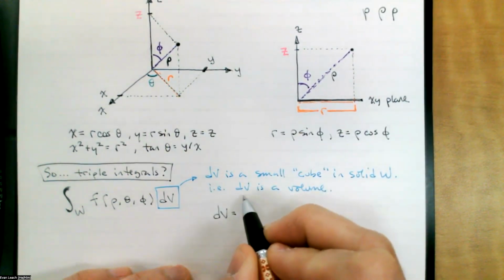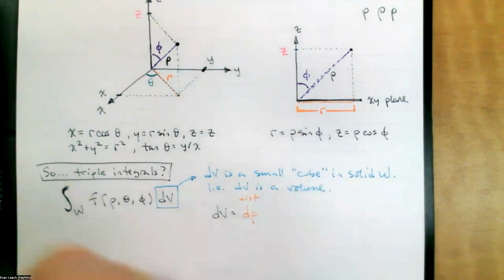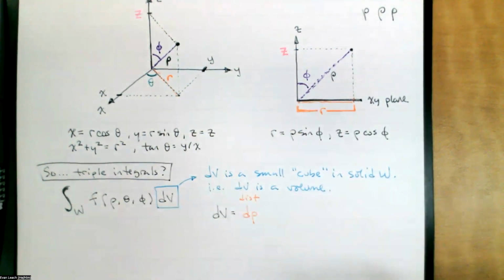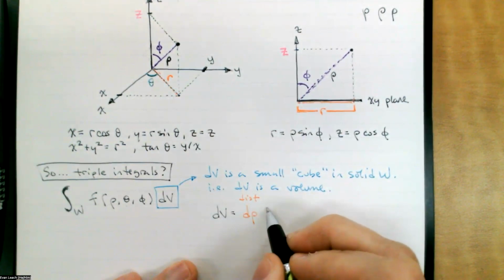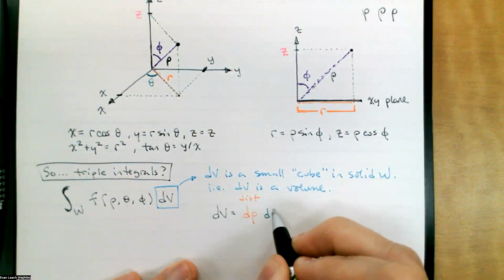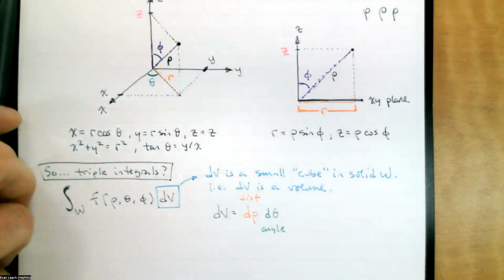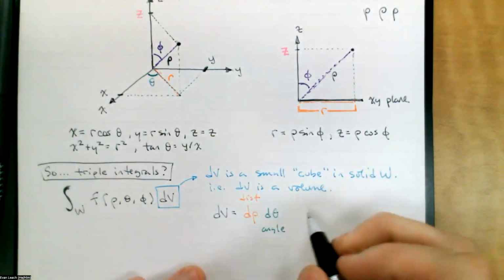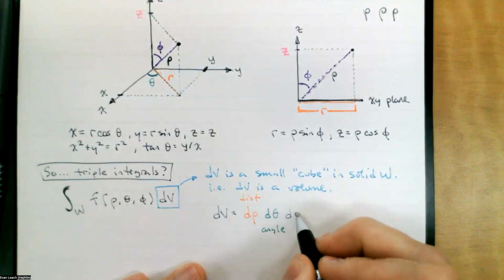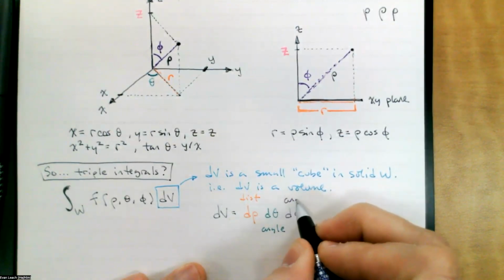D theta is an angle. And d phi is also an angle.